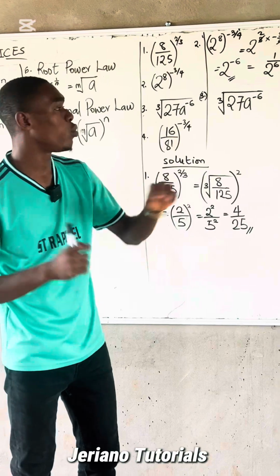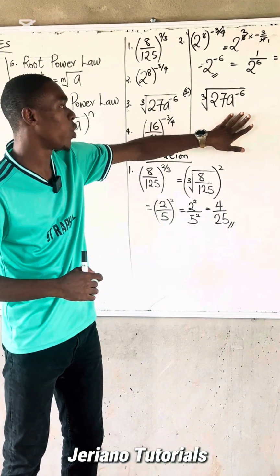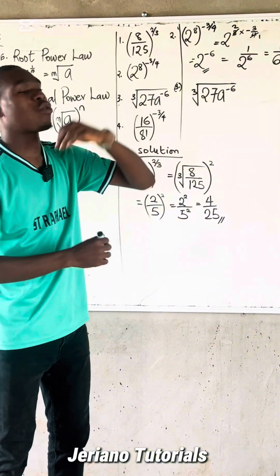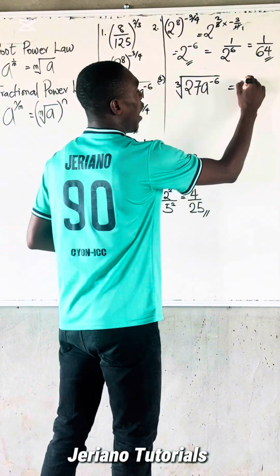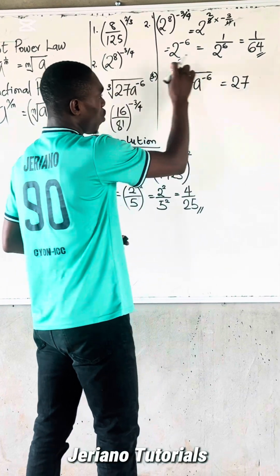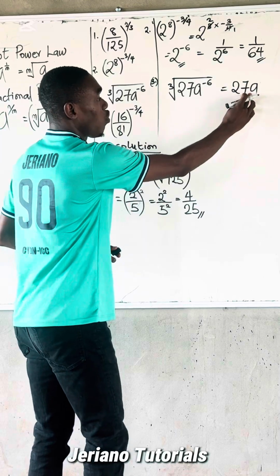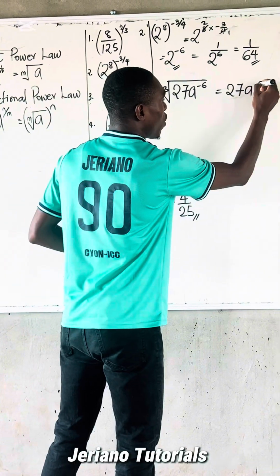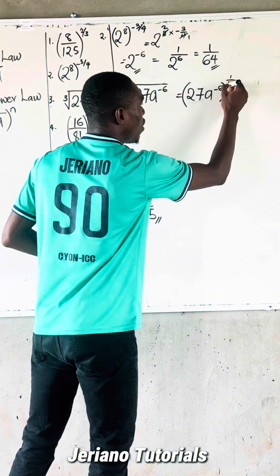As much as possible, try to simplify your question in the best possible way. If I was to solve this, the first thing that will come to my mind is to get rid of my cube roots. How do I do that? 27a raised to the power of minus 6, all raised to the power of 1 over 3.